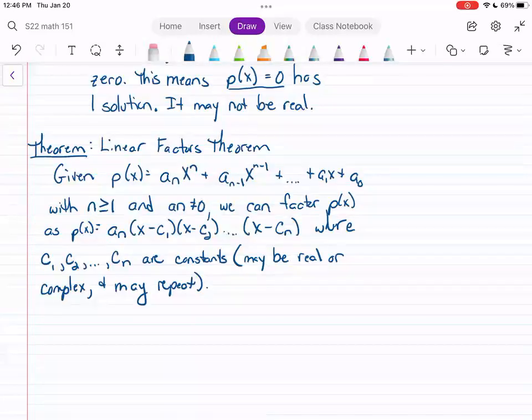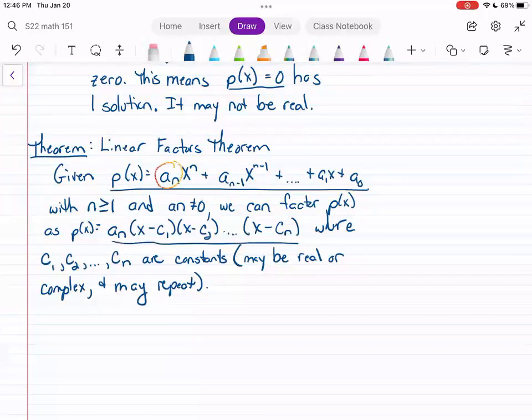What the linear factors theorem says, if we take this polynomial, and remember this is the generic way of writing that polynomial, where its degree is greater than or equal to 1, and this leading coefficient is not 0, then we can factor the polynomial into these individual linear factors. So in other words, it might come out to be something like this.